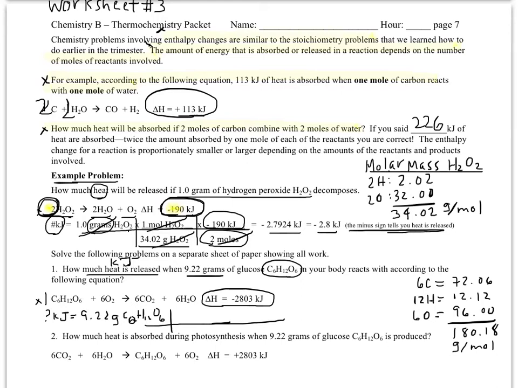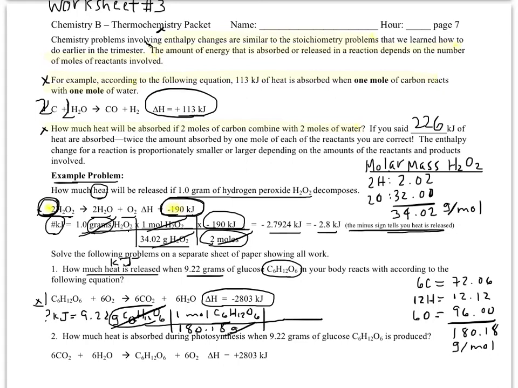So I've got grams of glucose on top here. So sorry, this is kind of squished, but I'm going to put the 180.18 grams of glucose on the bottom is equal to 1 mole of the glucose, C6H12O6. So I can cancel out grams on the top and bottom.